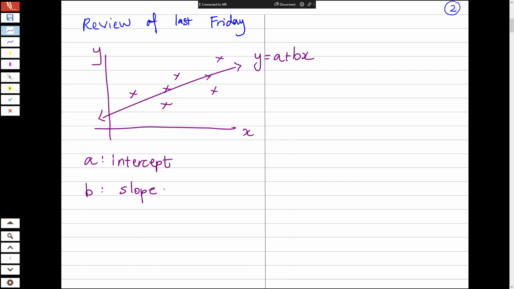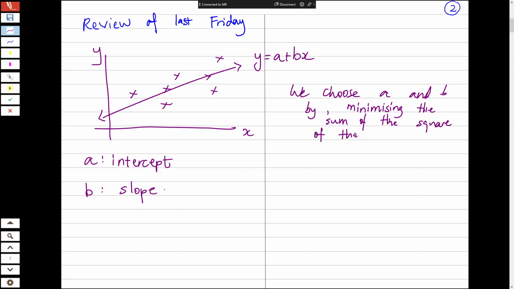And last lesson, we spent a lot of time answering the question of how exactly we choose these values a and b. So we choose a and b, long story short, by minimizing the sum of the square of the residuals.